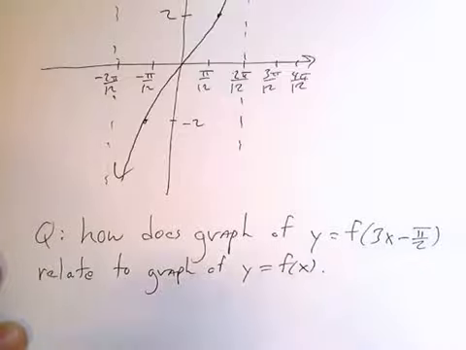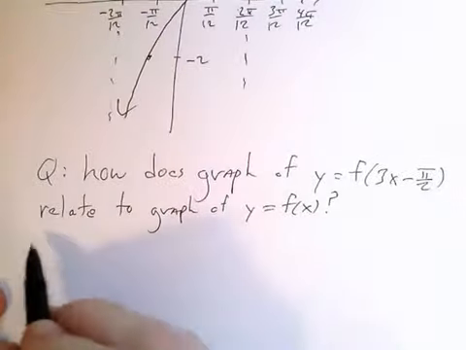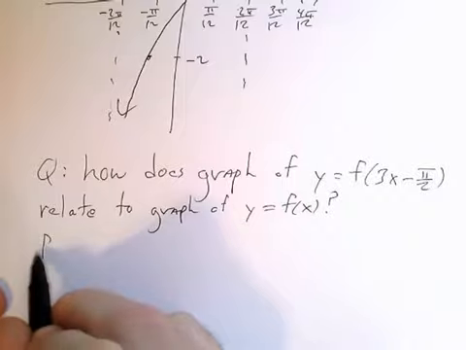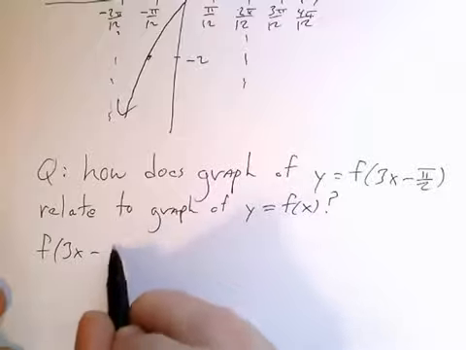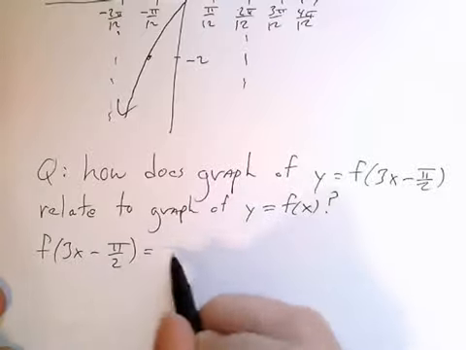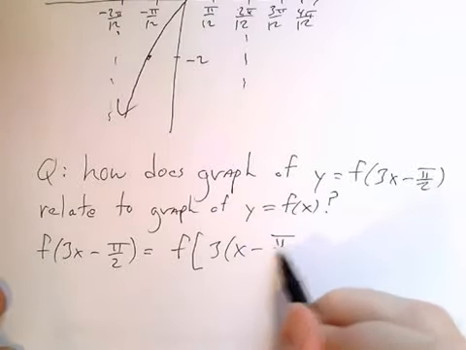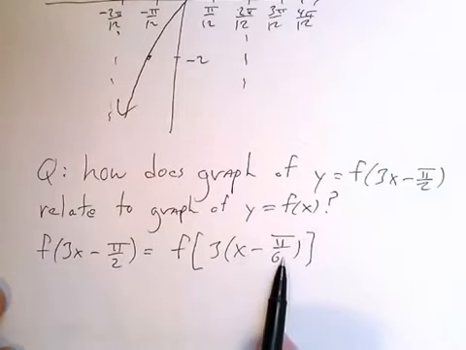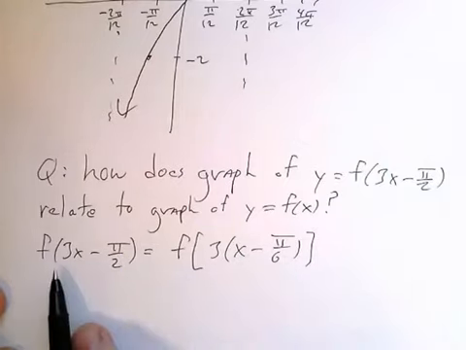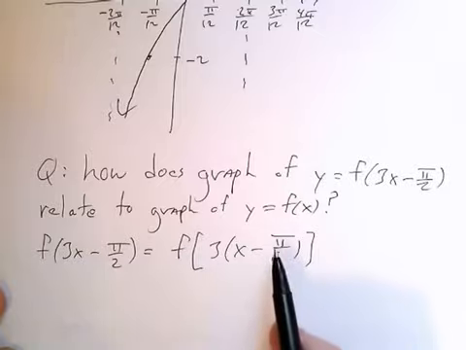I can do this in general, I can do this for this function here. Well, basically what we have to do here is take this 3 out. So my f of 3x minus pi over 2 is going to be f of 3 times x minus pi over 6. So I divided pi over 2 by 3 to get pi over 6 here. So I could do that in general. If I had numbers other than 3, I could do the same sort of thing here to get this.